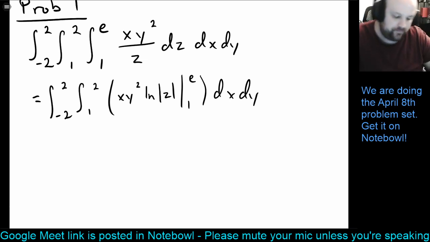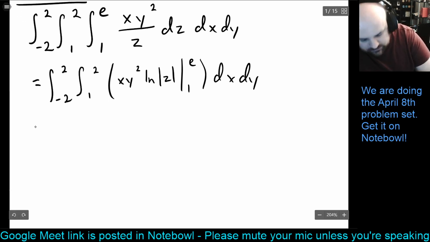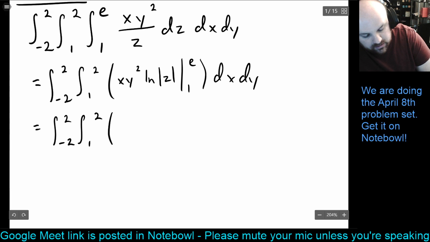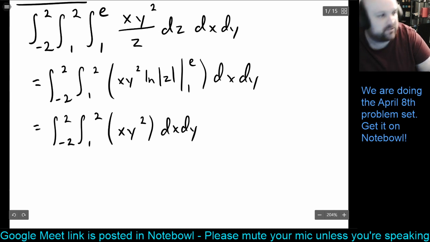So now that we have this, let's evaluate it. If we plug in e, ln of e is 1. If we plug in 1, ln of 1 is 0. Okay, so that's all we have, just xy squared now.